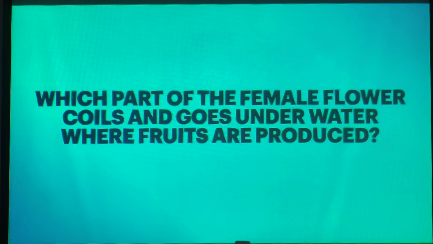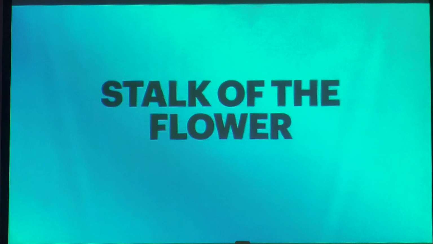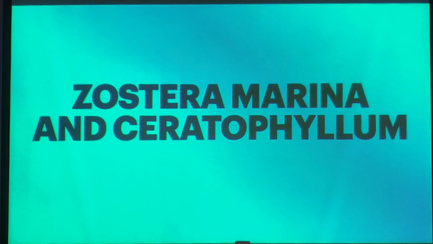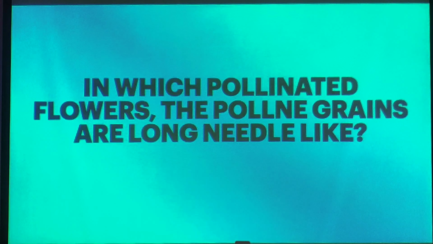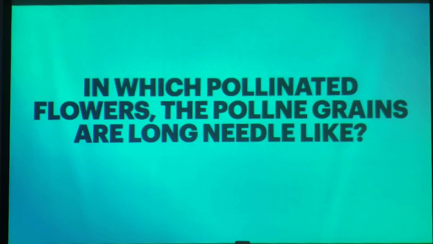Which part of the female flower coils and goes under water where fruits are produced? Stalk of the flower. Examples for hydrophily: Zostera marina and Ceratophyllum.